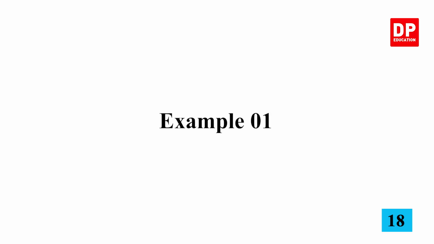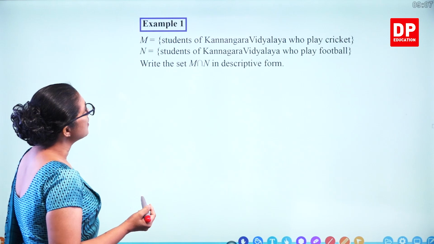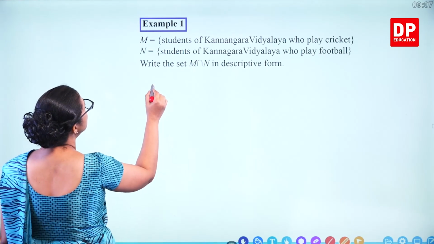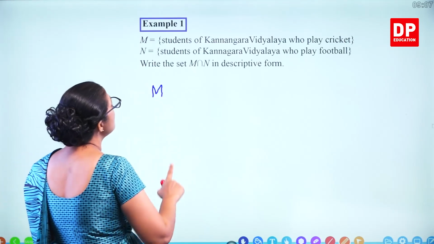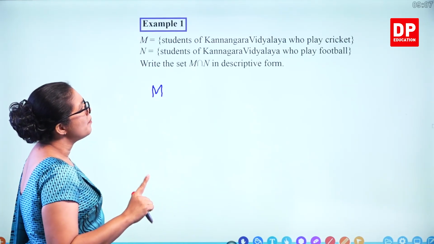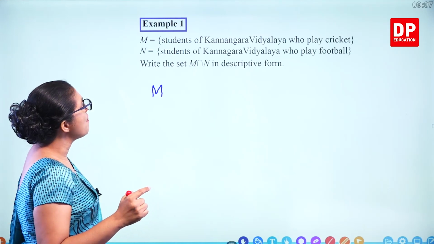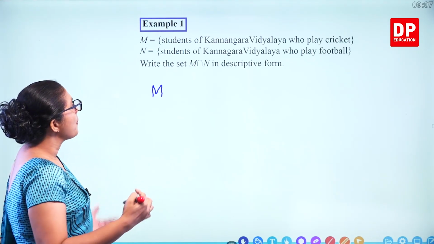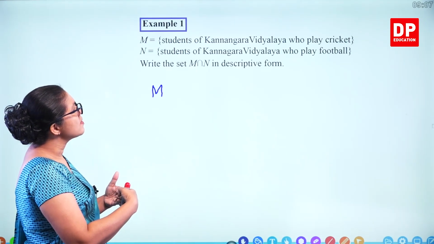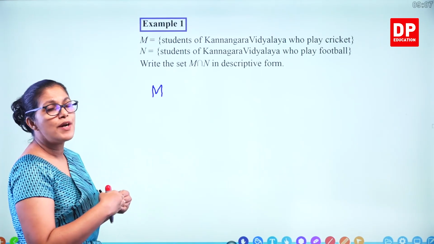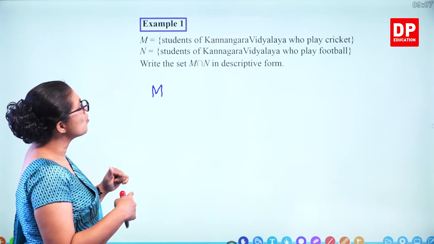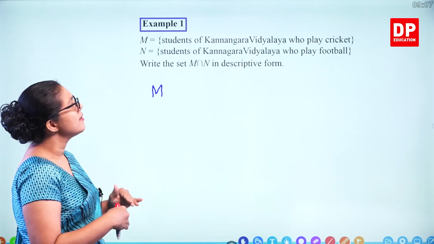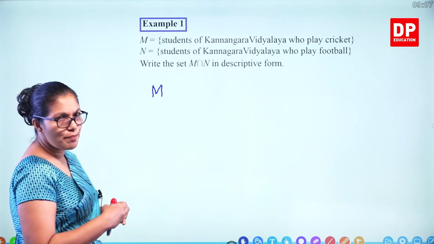Example number 1. Students of Kannangara Vidyalaya who play cricket, and students of Kannangara Vidyalaya who play football. Write the set M intersection N in descriptive form. What does intersection mean? The common region for both. Same school, Kannangara Vidyalaya. First one is play cricket. The other one is about football.